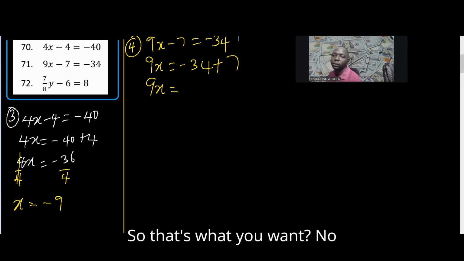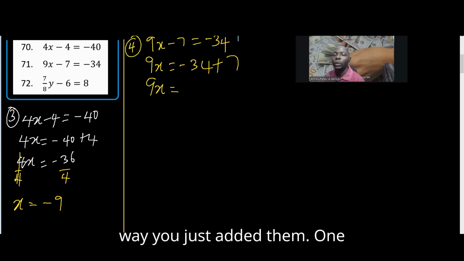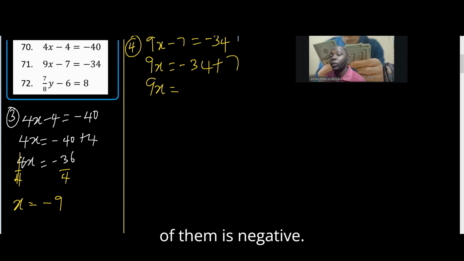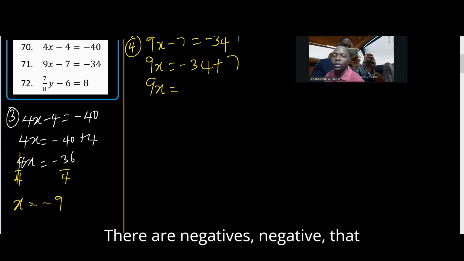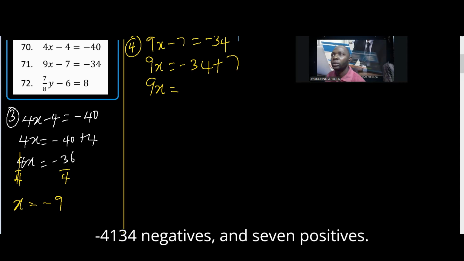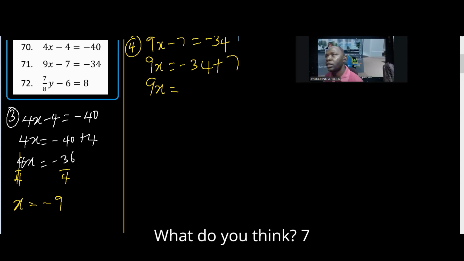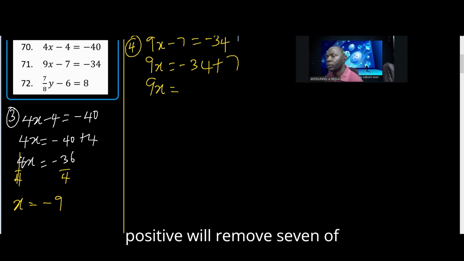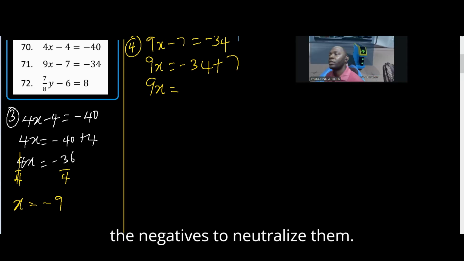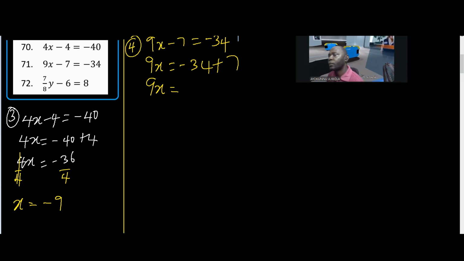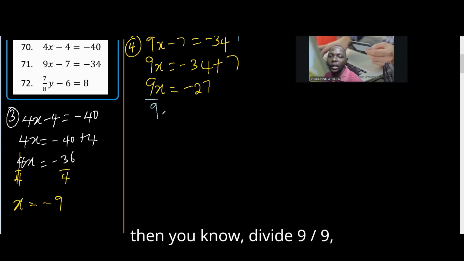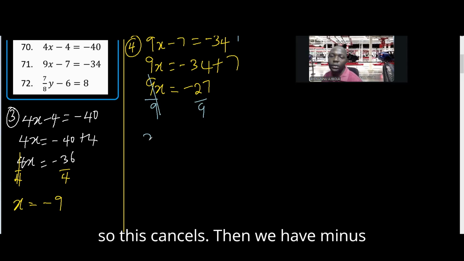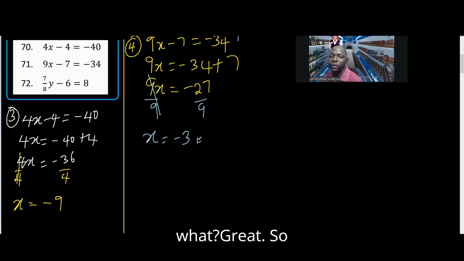There are 34 negatives and 7 positives. The 7 positives will remove 7 of the negatives to neutralize them. So that's minus 27, right? Yeah. Then you divide by 9.